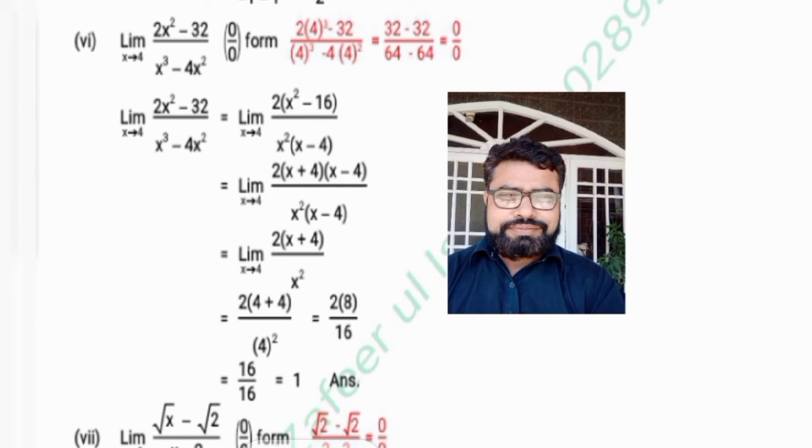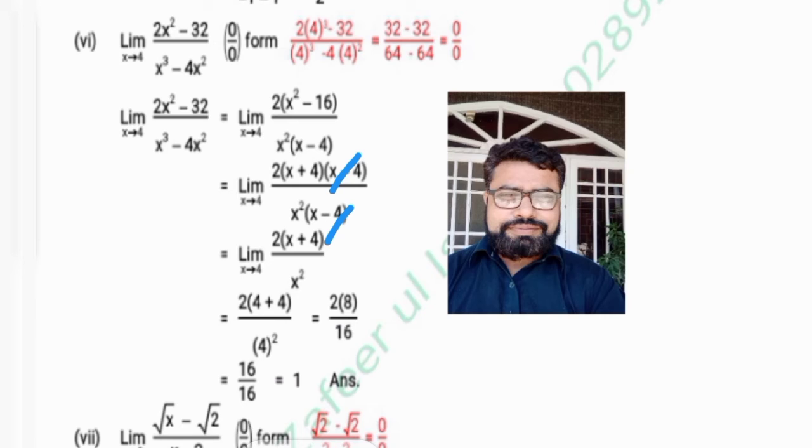And the limit will be written same, x tends to 4, and 0 by 0 form will not be removed yet. We will put the limit after the removal of 0 by 0 form in all parts. Now you see that x minus 4 will be cancelled with x minus 4.